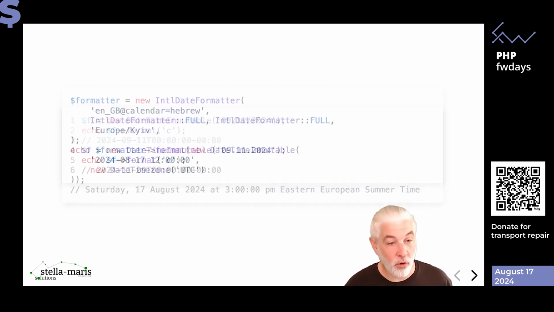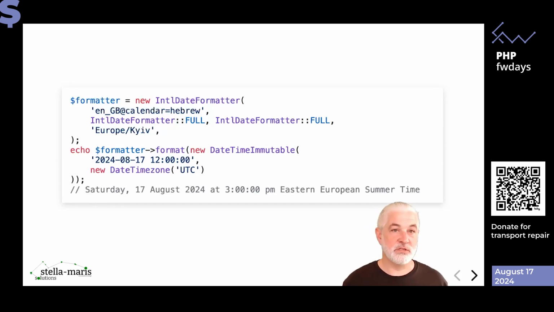But if you want to format something, there is this awesome thing called the Intl Date Formatter, which allows you to format something in a certain way. And it already has all the different locale specific things built in, which is unlike in date format, where you can specify, yes, I want the year and I want the month and I want the month with leading zeros or without.